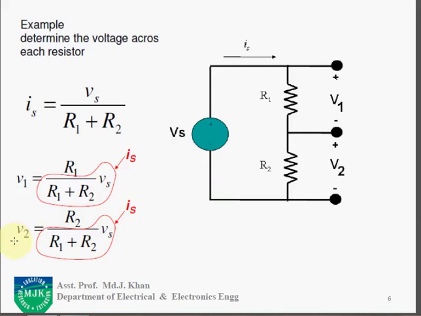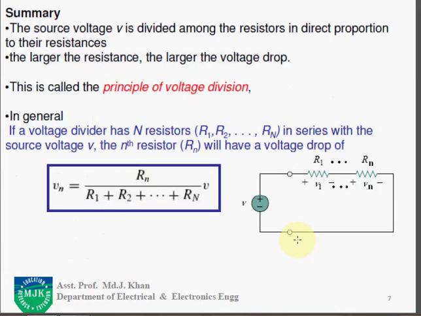Similarly we have done for the voltage across the R2 resistance. Thus we have found both voltages across the resistors.